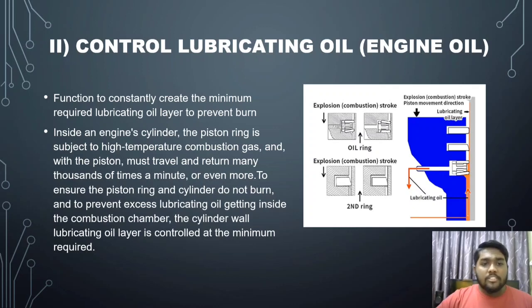Inside an engine cylinder, the piston ring is subject to high temperature combustion gas, and the piston must travel up and down thousands of times a minute, so to ensure the piston ring and cylinder do not burn, and to prevent excess lubricating oil getting inside the combustion chamber, the cylinder wall lubricating oil layer is controlled at the minimum required.